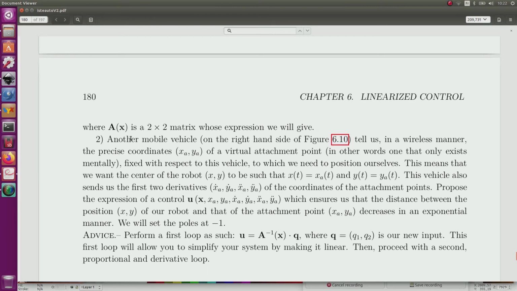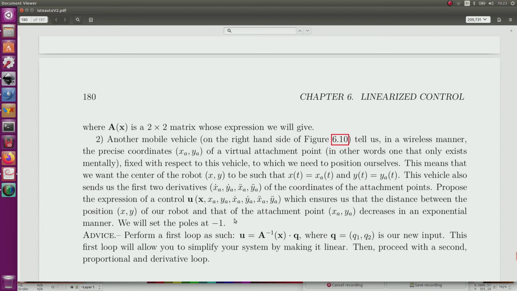For the second question, I have another mobile vehicle that I have to follow, as in the figure. So on the back of the front vehicle, I have a virtual attachment point, and I want the center of my robot to be exactly at this virtual attachment point.